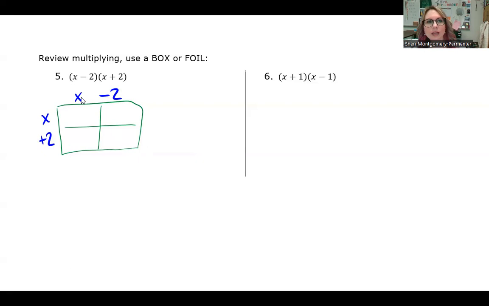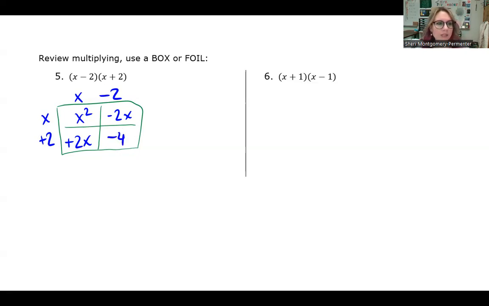So x times x is x squared. x times -2 is -2x. x times +2 is +2x. And then the last little square, 2 times -2 is -4.